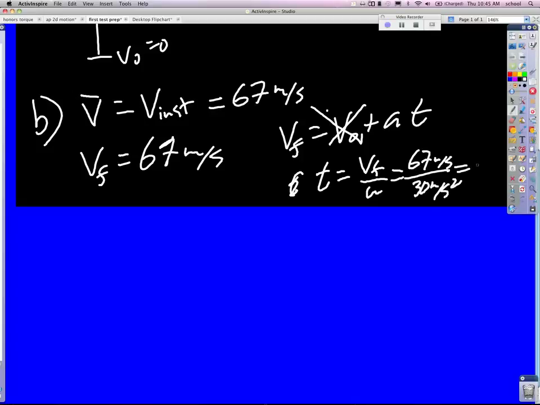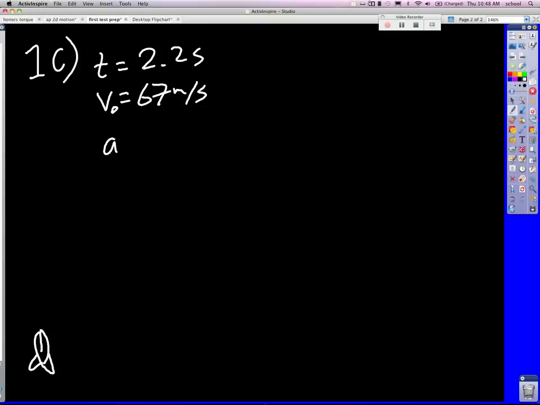We need to know the height at that point. So what we know about the bolt already is that once it's in the air, its acceleration is negative 10 meters per second squared, right? We need to know the height that the bolt leaves at.